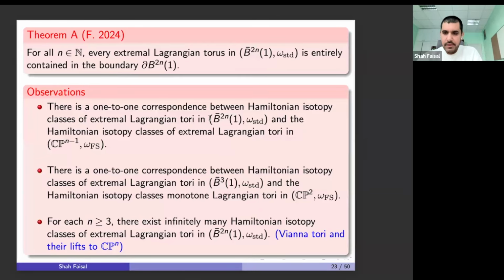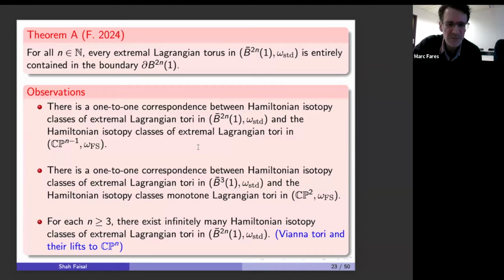Yeah, so if you have an extremal torus in the closed ball, then the above theorem says it's in the boundary. The Reeb vector field is tangent to it, so you can quotient it, and then it gives you a Lagrangian torus in CPN minus 1, because it's in the boundary.